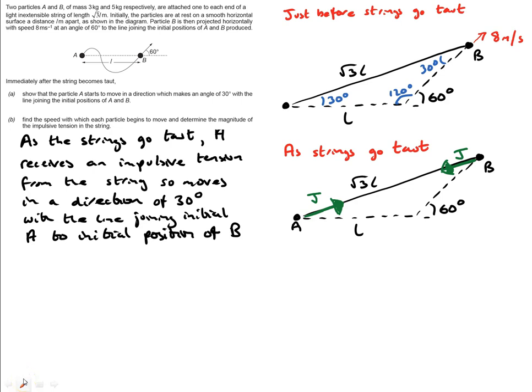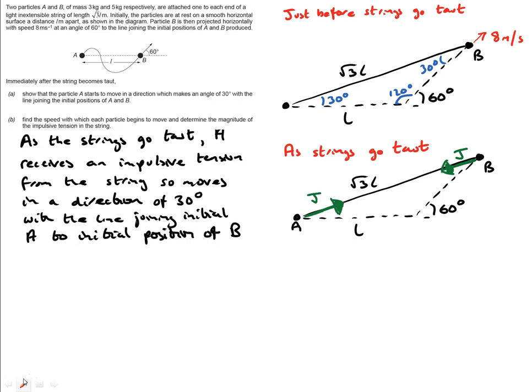Now at this stage we haven't yet set up any vector system, so we need to think about axes, and it's a very good idea to have one of the two axes running along the length of the string at the instant when the string goes taut.